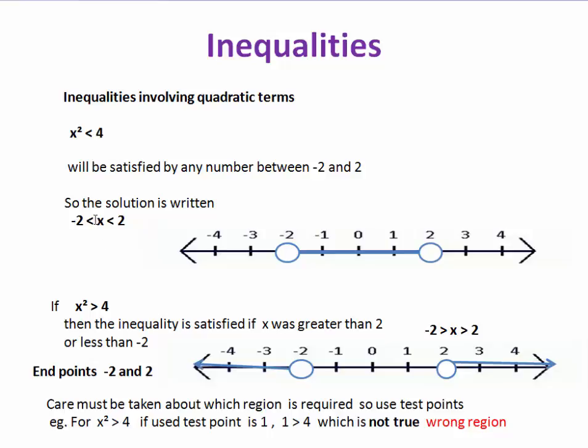So the solution is written as the square root of 4 is minus 2 and 2. So x lies between minus 2 and 2. So minus 2 is less than x, and x is less than 2. Shown here on the number line, the solutions are represented by this line connecting the two empty circles.